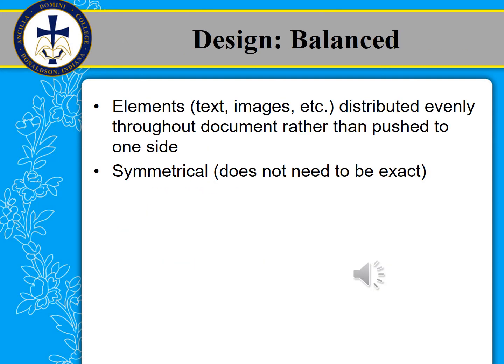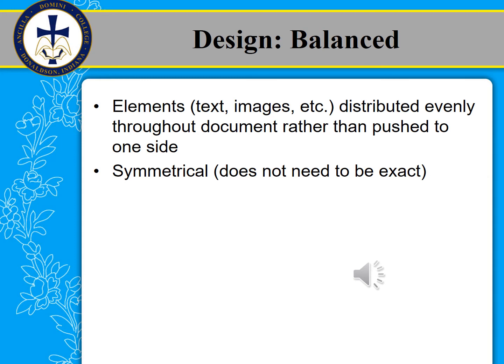Design should also be balanced. What that means is that whatever you're using, whether it's text or images or things like that, you're going to have those put in places in the document so that it kind of evens out on both sides. You're not going to want to keep everything pushed to a side. I know that for a regular academic document, you left justify everything, and that's what's appropriate for that field.